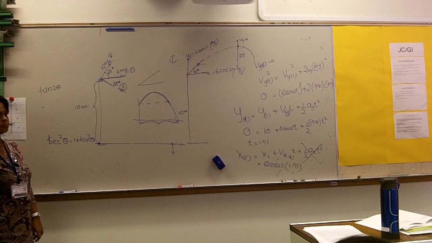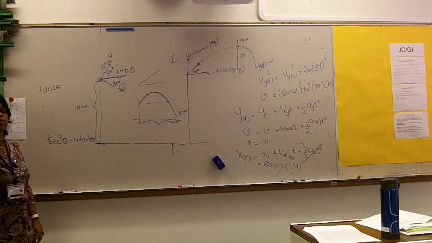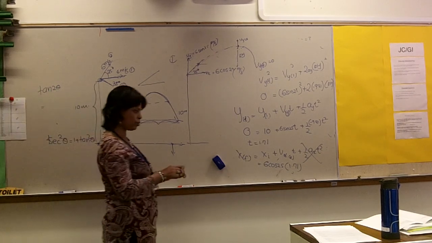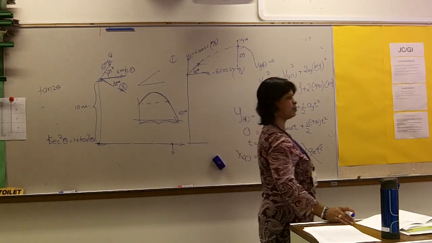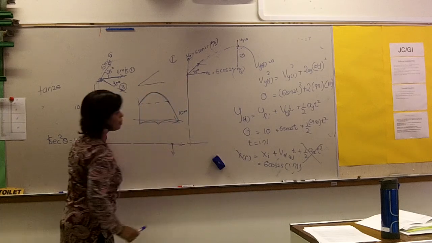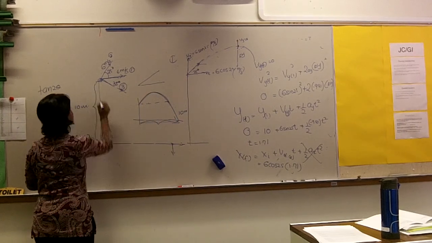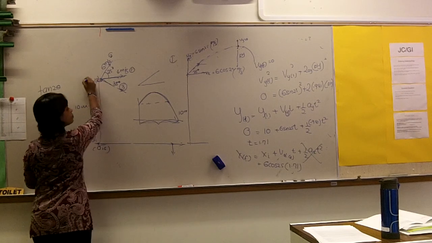So the t you got from y will be applied to x to find x. Yes. Because we are measuring from here, this component is 0, 0, and this is 0, 10.